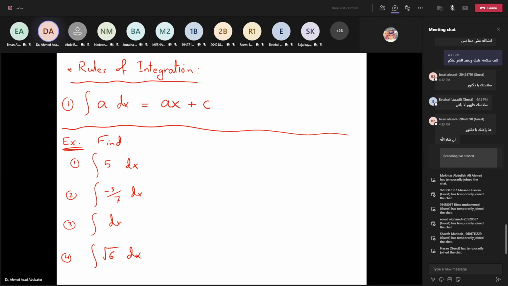The result equal the same a multiplied by x plus c.